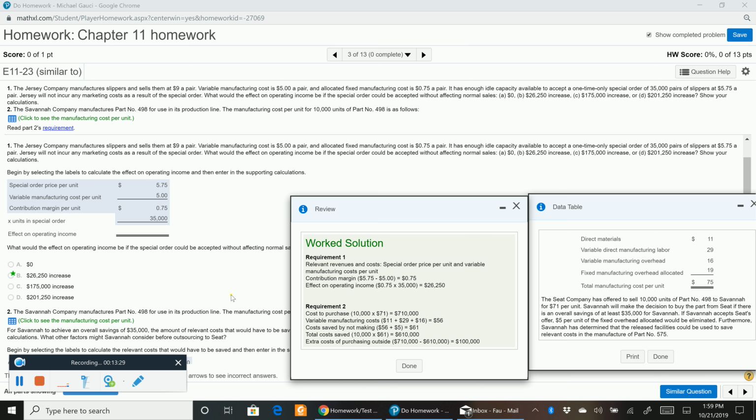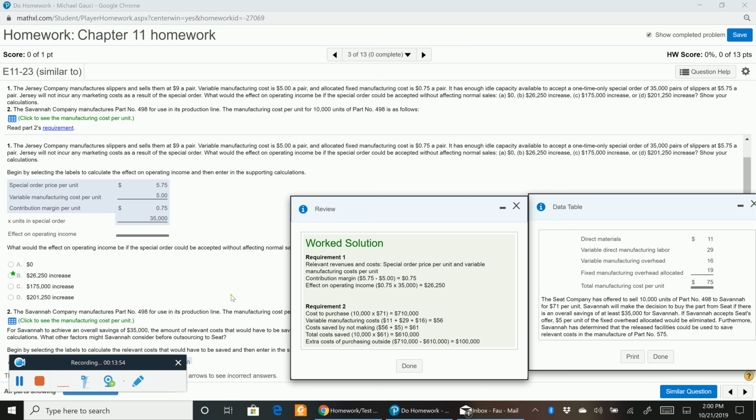So what will happen to net operating income if we accept this special price of $5.75? Well, the key here with special orders, what you want to zone in on is how it affects contribution margin. If contribution margin can be increased, that means the operating income should also be increased as well.